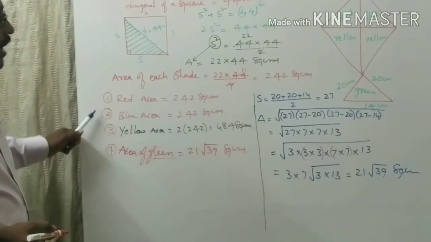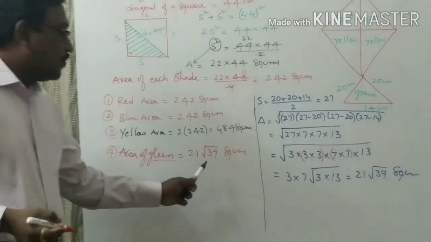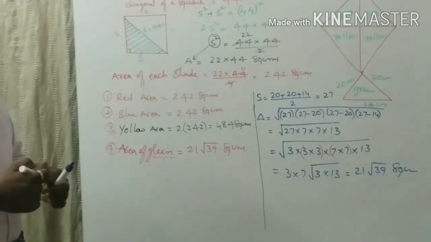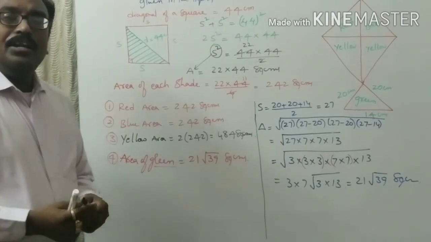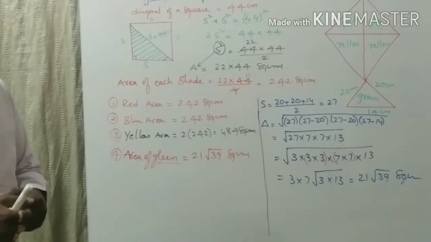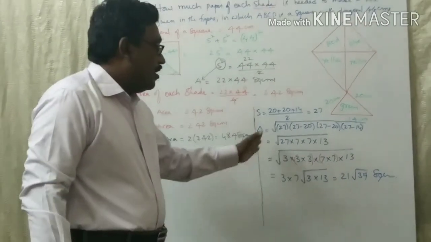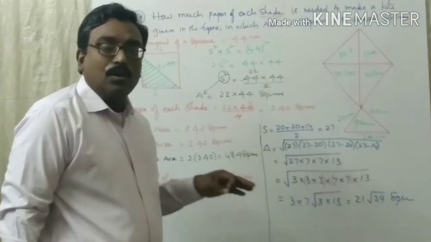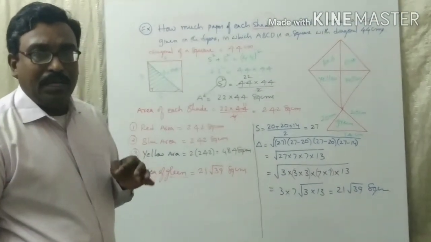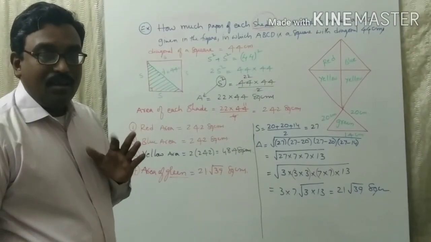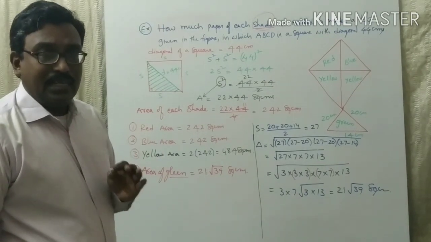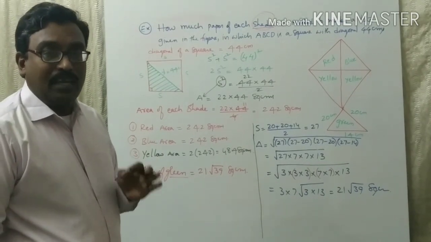Okay, all 4 areas we find out, but of course it is 21 root 39 is irrational case. Likewise, we can solve any sort of sums in Heron's formula by using, okay, area of triangle is equal to root of S into S minus A into S minus B into S minus C, where S is A plus B plus C by 2. That is nothing but semi-perimeter of the triangle.